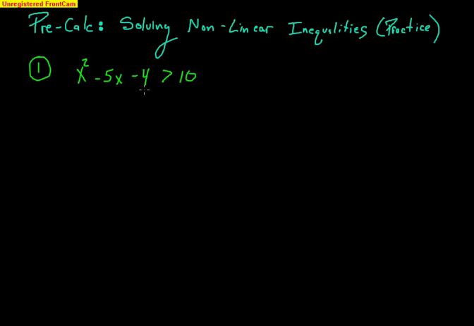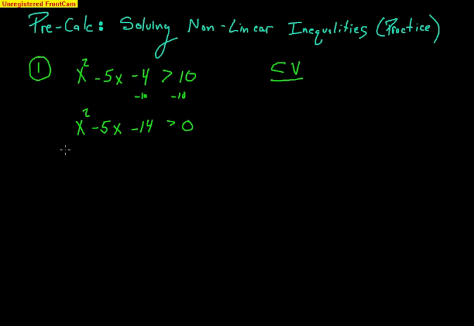The first step is remember to get 0 on one side. So I'm going to subtract 10 on both sides. So I get x squared minus 5x minus 14 greater than 0. The second step is to find your critical values, find your CVs no matter what. Whatever you got to do, factor, quadratic formula, use your calculator, I don't care, find the CVs.